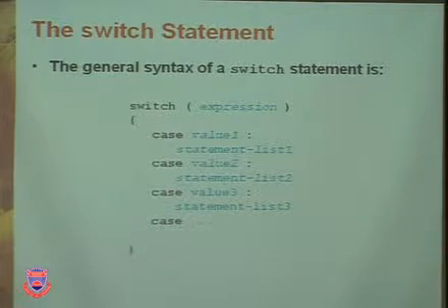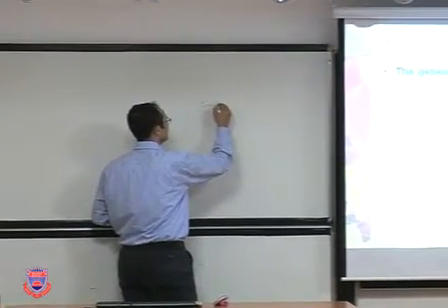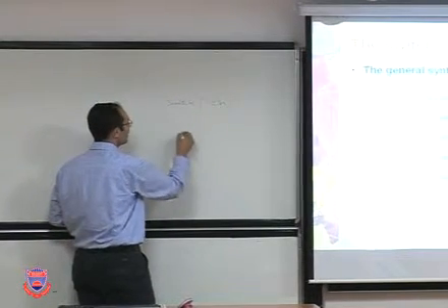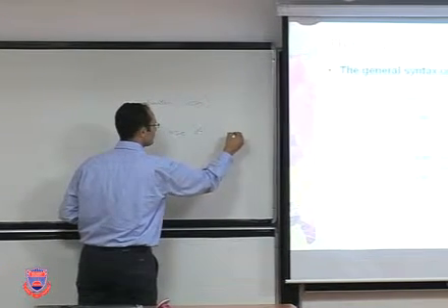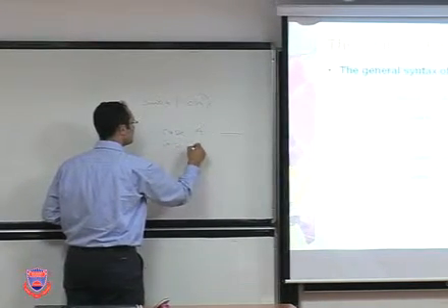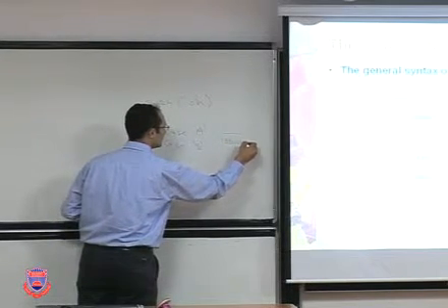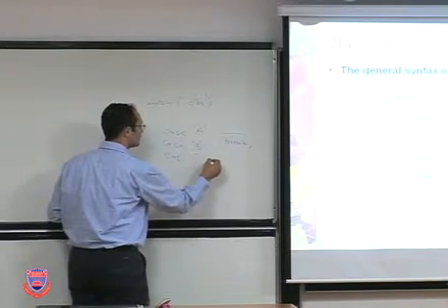Let's say I have a certain switch on a char ch, and I would like to have case A. I would like to do something, and then break after the statement. For case B and case C, let's say I would like to do the same thing.